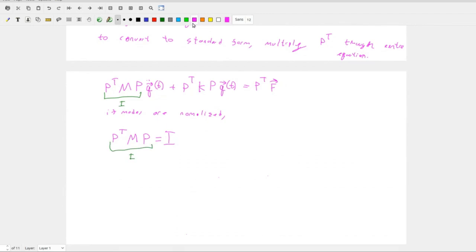So we can rewrite our equation of motion then as, well, let's say one more thing. And P transpose K P is equal to a matrix where omega squared is on our diagonal.